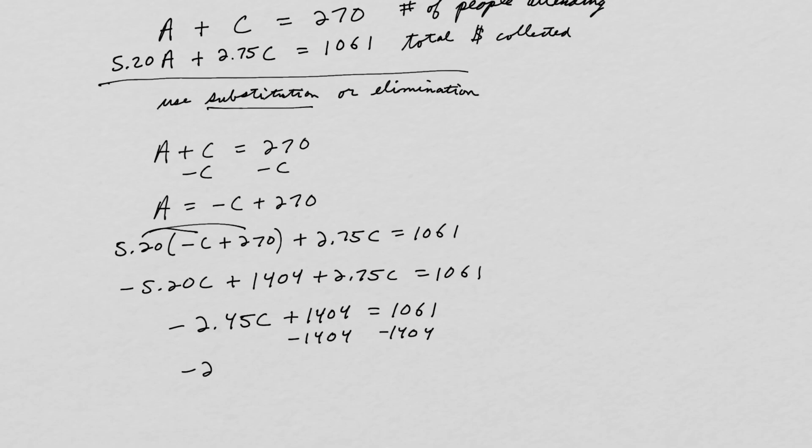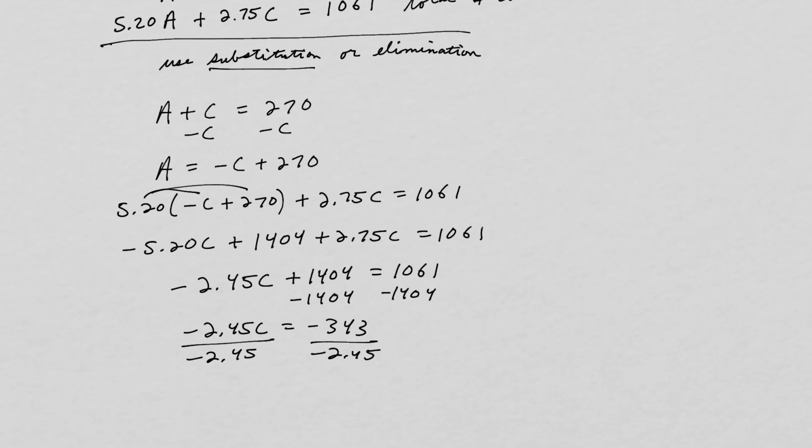I'm going to get negative 2.45c is equal to negative 343. And then finally, to get c by itself, I'm going to divide by negative 2.45. And that gives me c is equal to, it turns out to be 140.